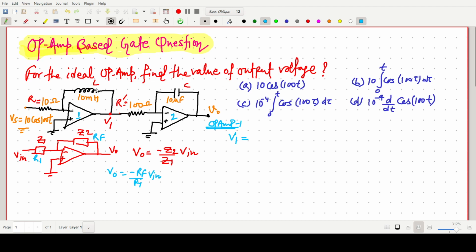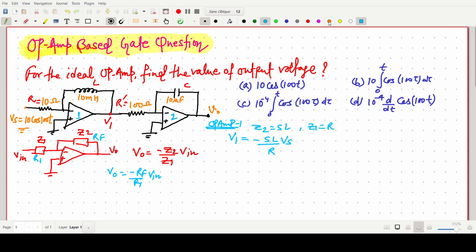So here Z2 is our SL, impedance, and Z1 is nothing but simply resistance. So we can write V1 equals to minus SL divided by R1 into Vs. So this part is clear. Now I am not putting the value now. At the end I will put the value. So this is all about the op amp 1.